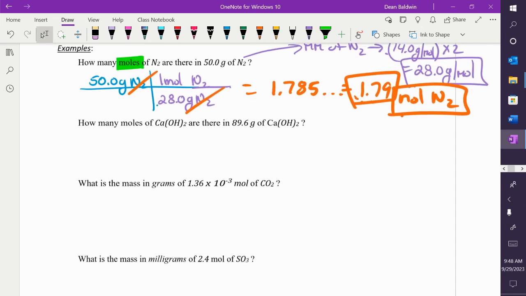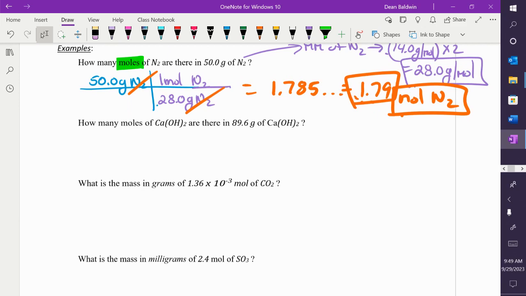Okay. How many moles of calcium hydroxide, Ca(OH)2, are there in 89.6 grams of calcium hydroxide? What's the first step in almost every one of these? What do we need to figure out? Molar mass. It's almost the first step in every question that you're going to see. Well, not every question, but a lot of them.